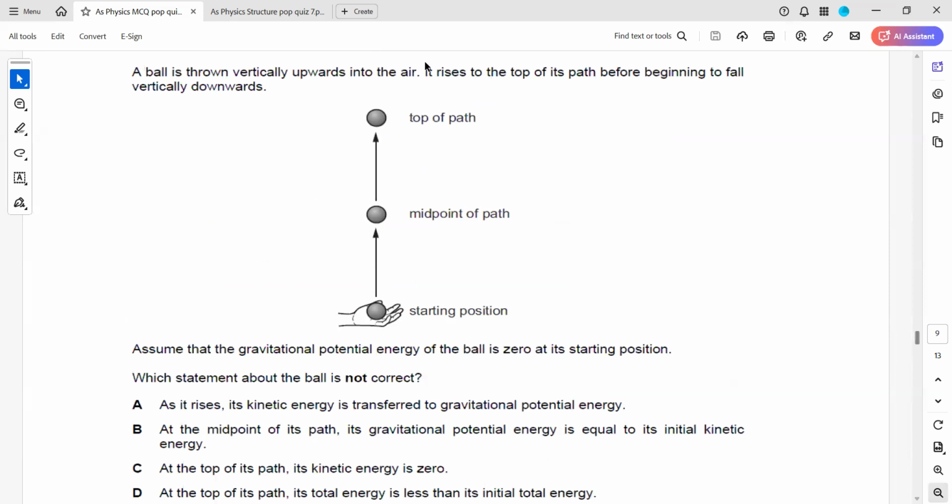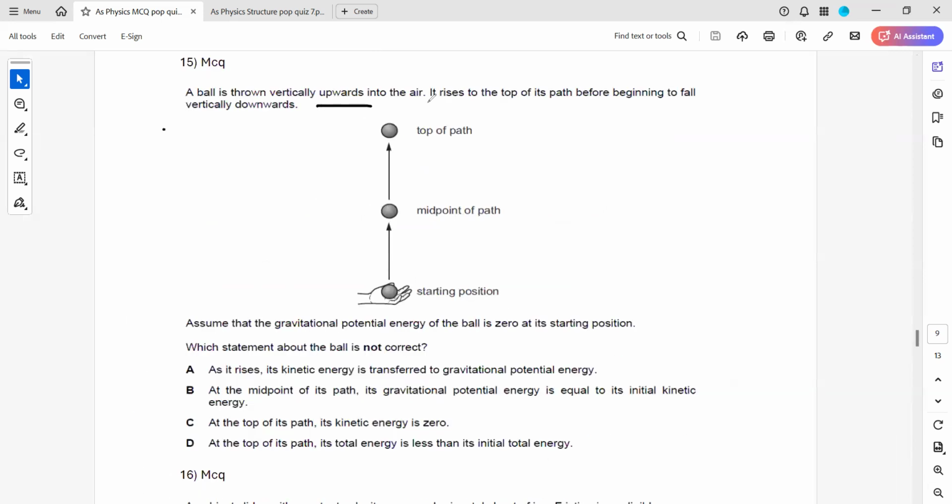In question 15, a ball is thrown vertically upward in air. So it means you don't have to ignore air resistance. Air is having a part here. As it rises, before beginning to fall vertically downward, its path is shown. Assume that the gravitational potential energy is 0 at the start, at this point GP is 0.